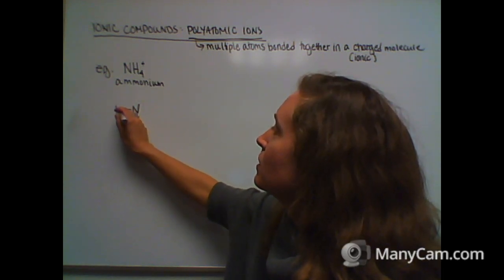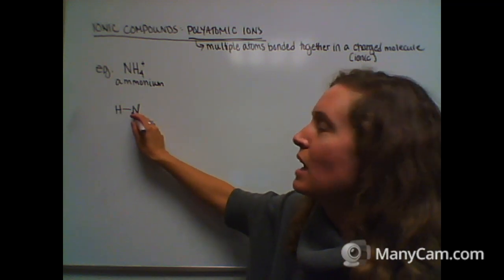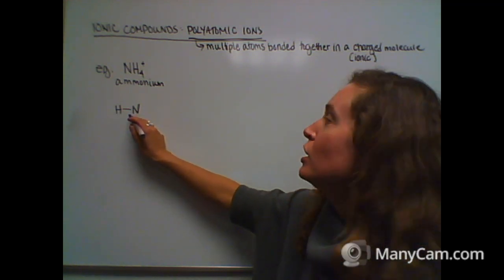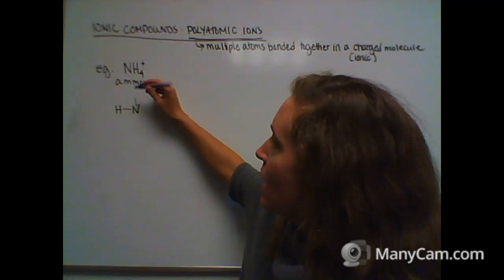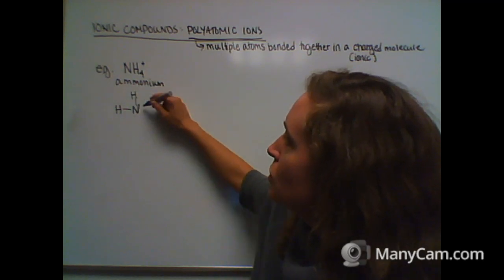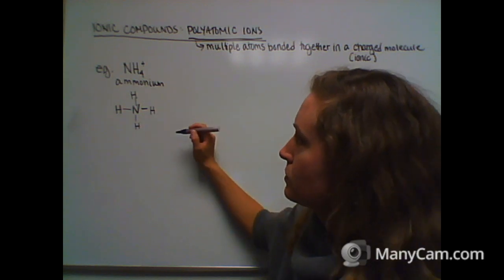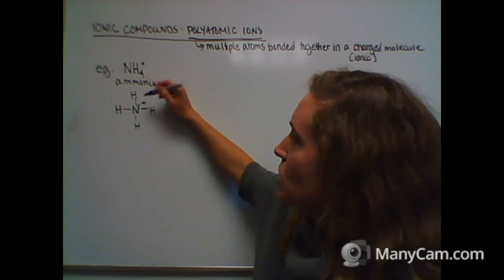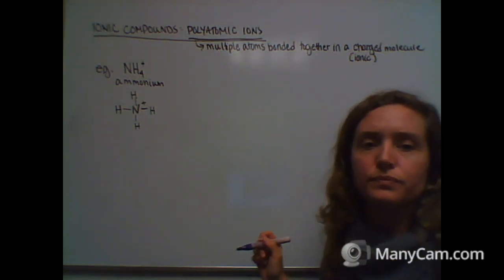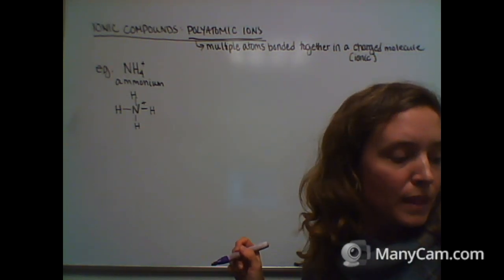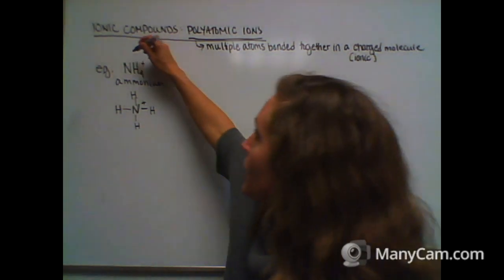Nitrogen is in the middle, covalently bonded, which again we'll talk about covalent bonding later. Covalently bonded, but we represent that with a single line, to 4 hydrogens. And there is a positive charge on that nitrogen. Okay. Another common, and this is a +1 charge, right?